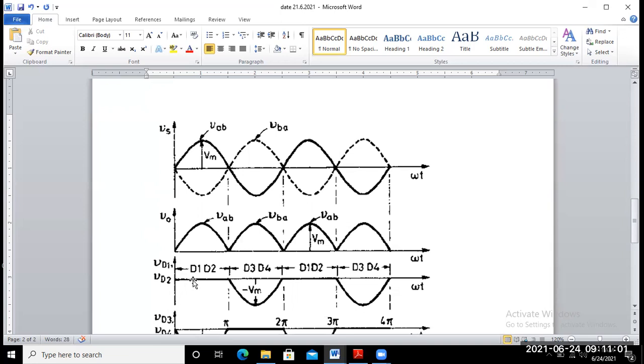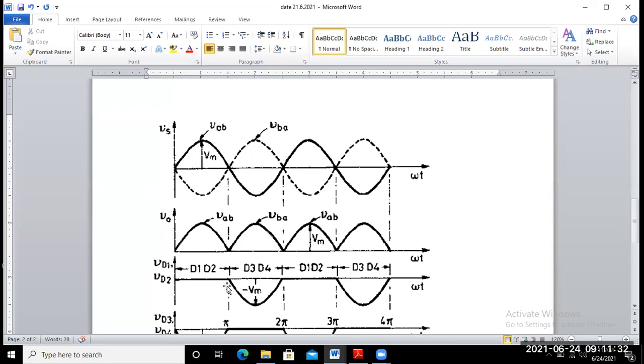So here you may observe that the waveform for the voltage across the diode D1 and D2 is 0. When this diode does not conduct, that means in reverse bias, the negative half cycle voltage waveform appears in this period, that means pi to 2 pi.